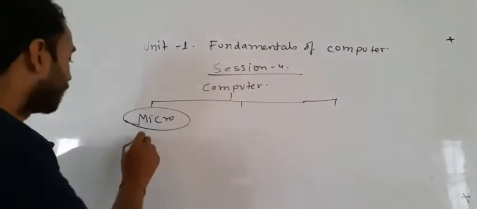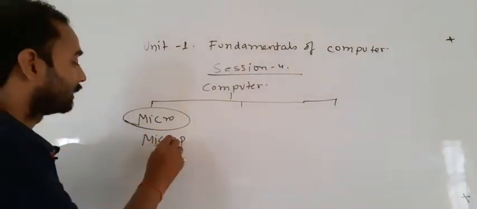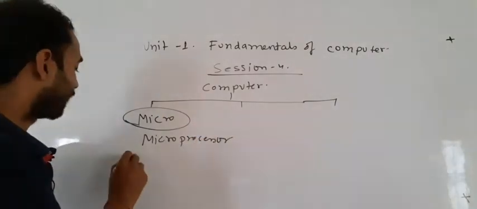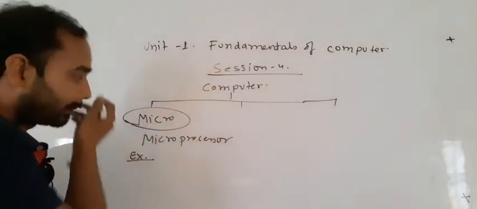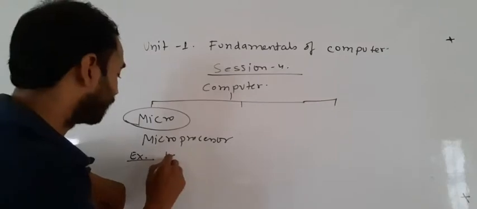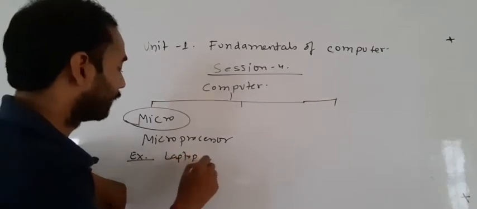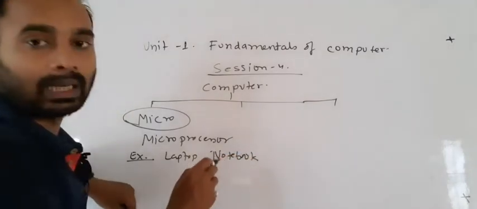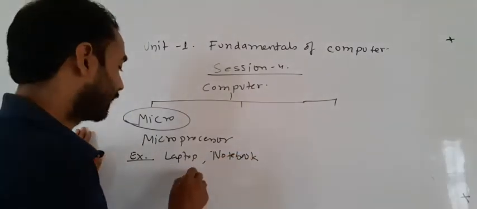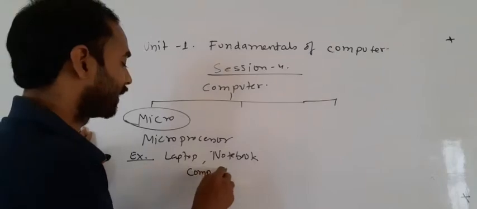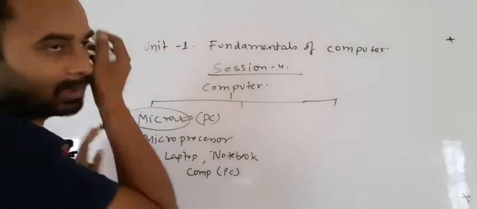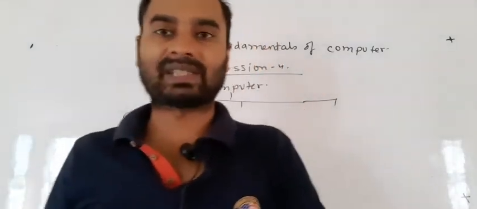Because it uses a microprocessor. Examples of microcomputers are laptop, notebook, and our desktop computer, which is called a personal computer. Microcomputer is also known as the personal computer, or PC.